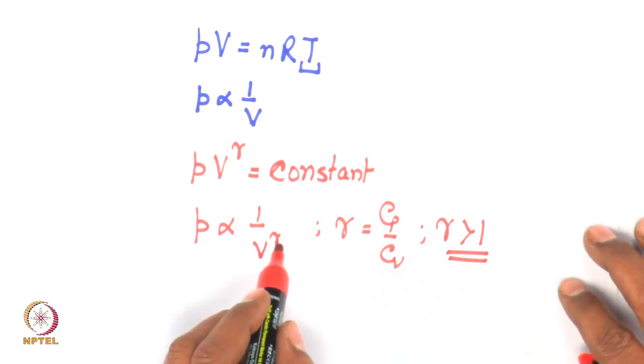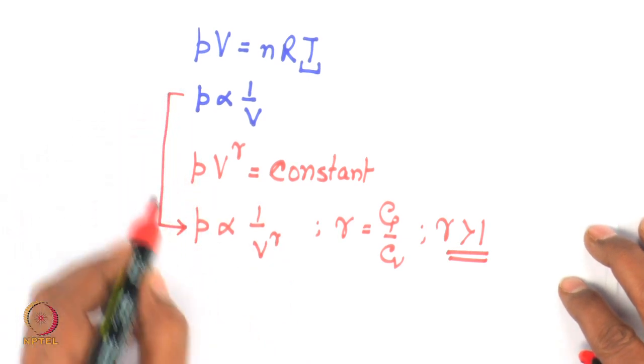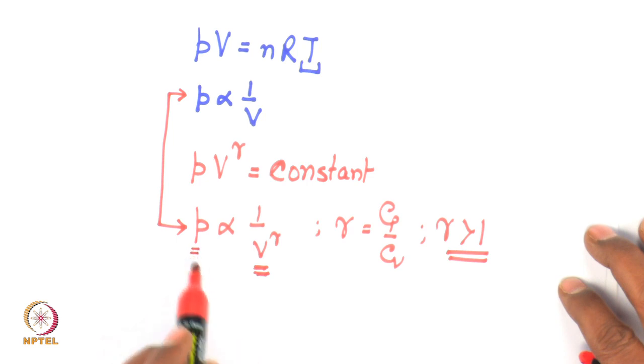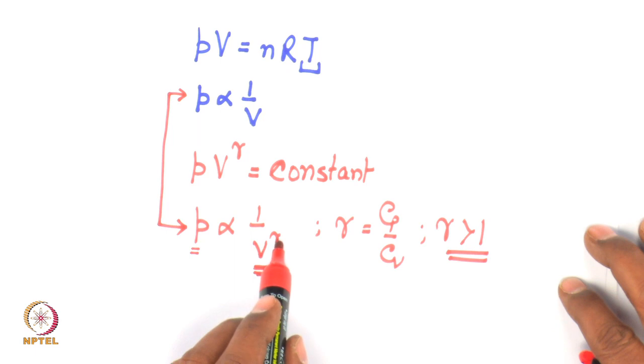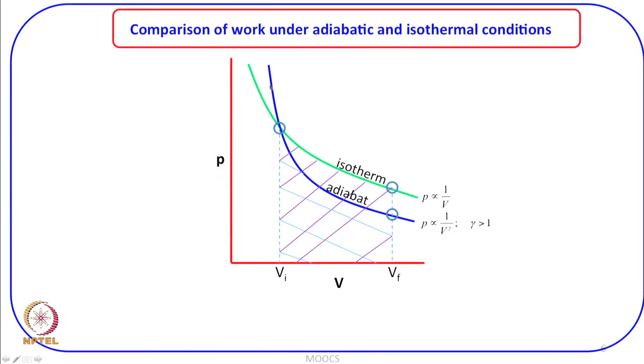Now, if gamma is greater than 1, and if you compare this versus this, here with an increase in volume, the pressure is going to decrease more sharply, because gamma is greater than 1. And that is what we see in this blue line, which is for a perfect gas adiabat, that as the volume increases, the pressure is decreasing more sharply.